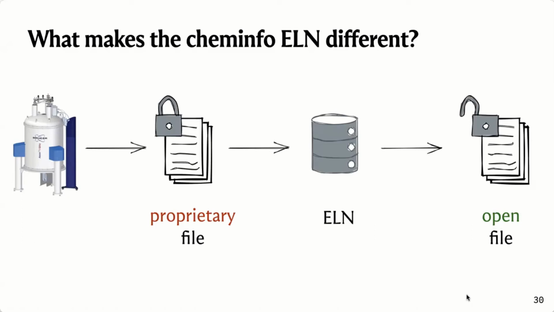And so they don't really need to worry that they cannot leave this ELN at some point. It's really important for us that you can at any point easily jump out of Cheminfo if you don't like it anymore, and if you want to put a different ELN. Whereas if you go with many other also commercial ELNs, you're often just stuck with them, and it's really hard to get the data out of those ELNs.